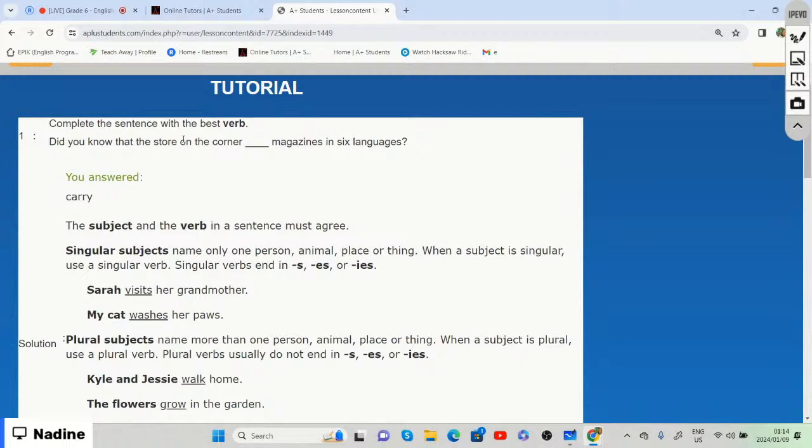And remember, you're going to have to try and identify if a subject is singular or plural in order for you to complete the sentence with the best verb. Because remember, the subject as well as the verb needs to agree. If it's a singular subject, we need to have a singular verb that ends in s, es, or ies. And if it's a plural subject, then it needs to use a plural verb that does not end in s, es, or ies.